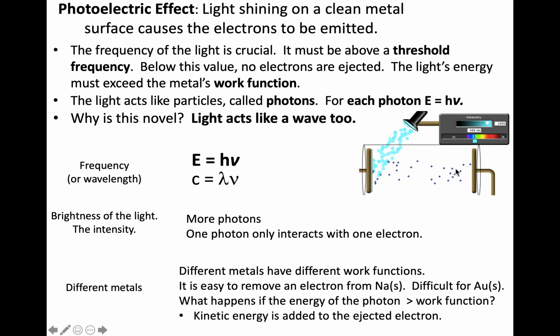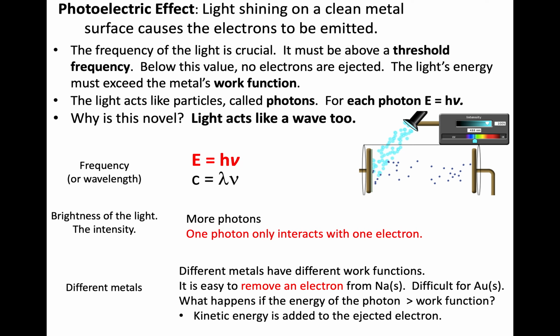If you noticed within that simulation, some of the electrons that were ejected were moving fast and other ones slow. That tells me in the metal, different electrons are held tightly to different degrees. So it's possible to eject an electron and give it an extra boost if the photon coming in has extra energy. Those are different aspects of the phenomenon itself.